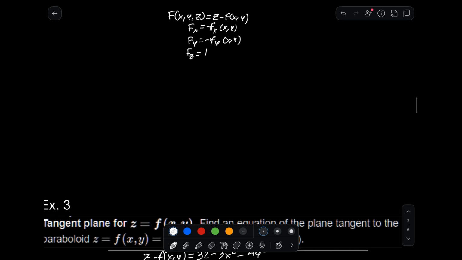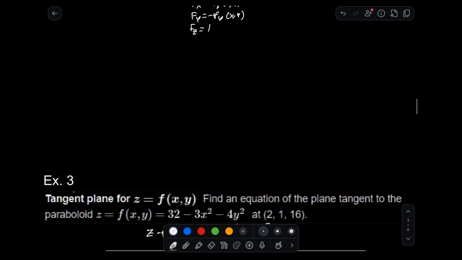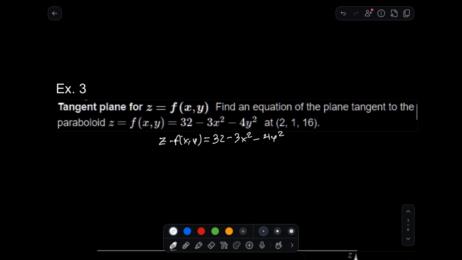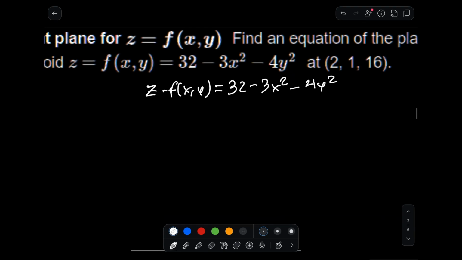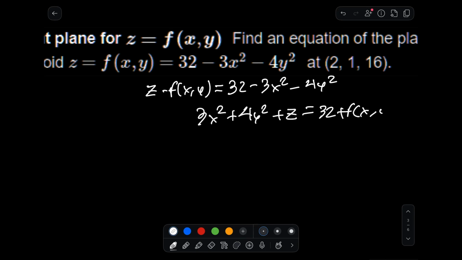And that's going to be my F(x, y, z). So what we're going to do is add everything over that is x and y. So we get 3x squared plus 4y squared plus z equals 32 plus f(x, y).